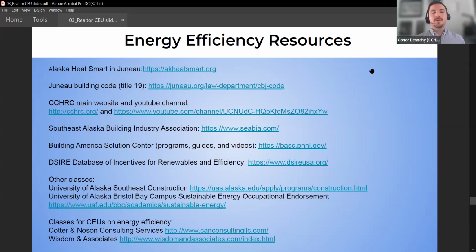So are you in a stage of new construction? Are you in a stage of a retrofit? Are you at the stage of a real estate transaction to where you want to pair in an energy efficient loan from a bank? So it kind of ties all of those things together, but it's a good database to be able to look through. So I would definitely recommend that one. And that would be DSIREUSA.org, DSIRE.